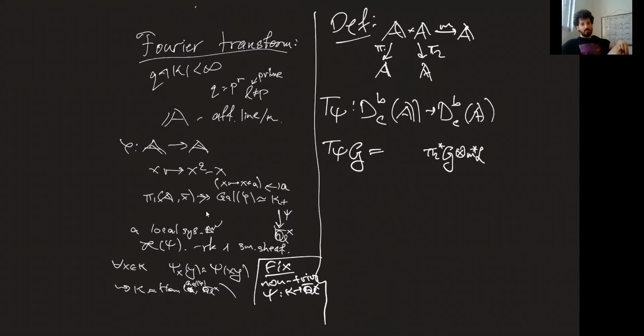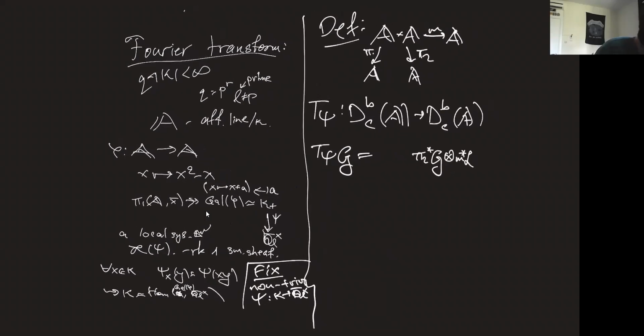I'm going to move a little bit. So what I'm doing is I'm taking the local system corresponding to the character psi that I fixed. I pull it back along the multiplication map. I tensor this with pi2 upper star of G. I push it down using pi1, and then I shift by 1.